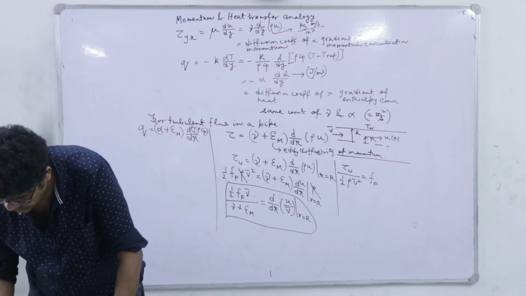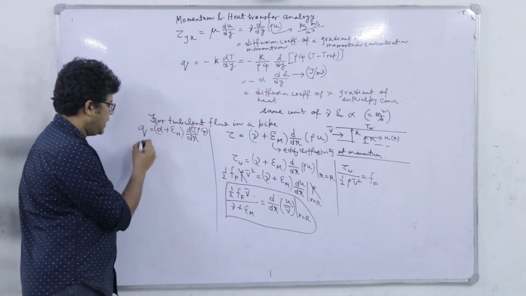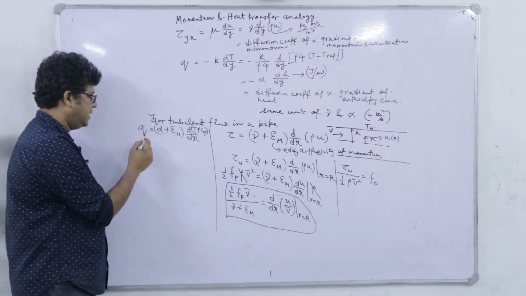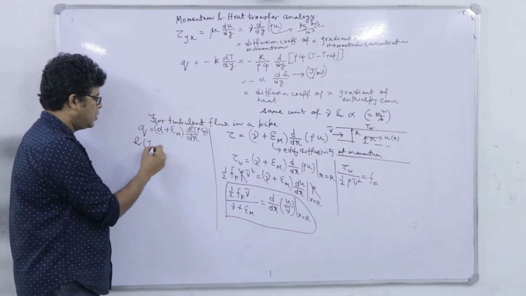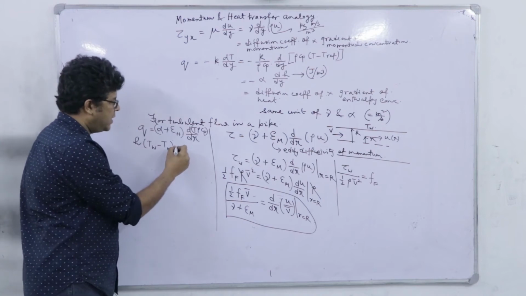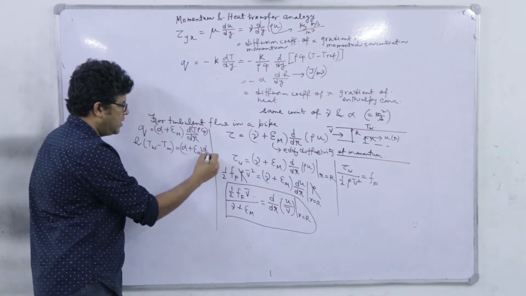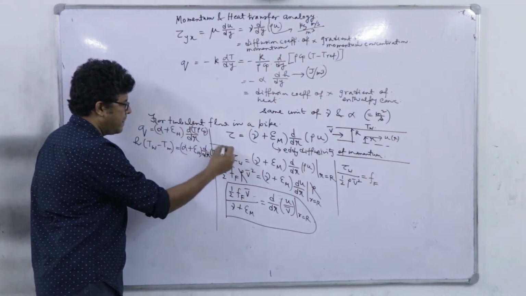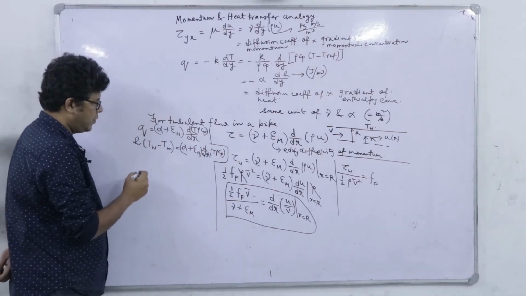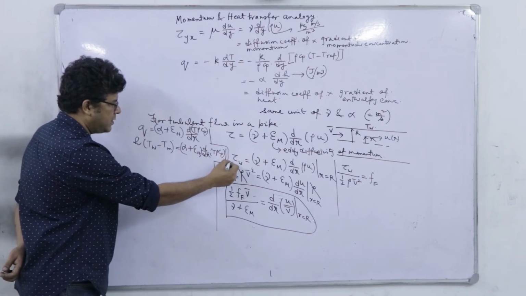So, d dr of T rho Cp we are using, and at wall, q alternatively is h into T wall minus bulk temperature of the fluid, which is a mean temperature, and it is equal to alpha plus epsilon h into d dr of T rho Cp, at wall.